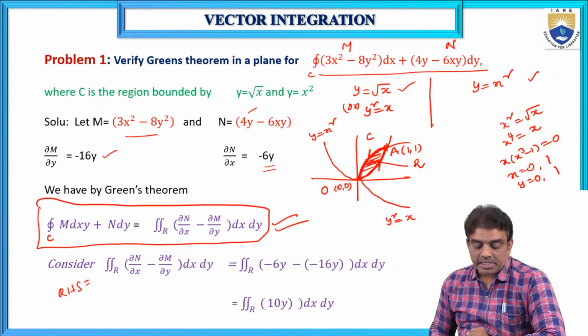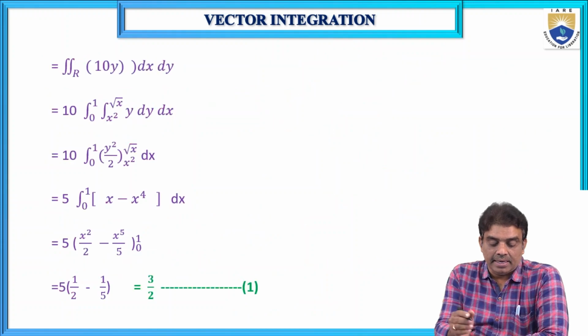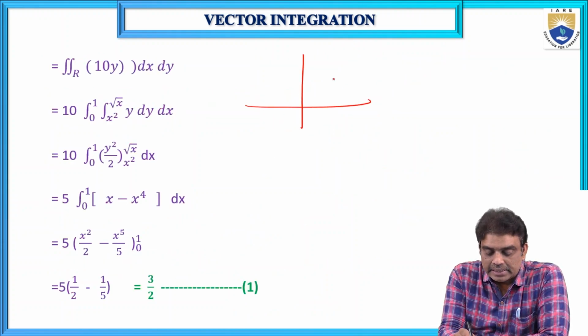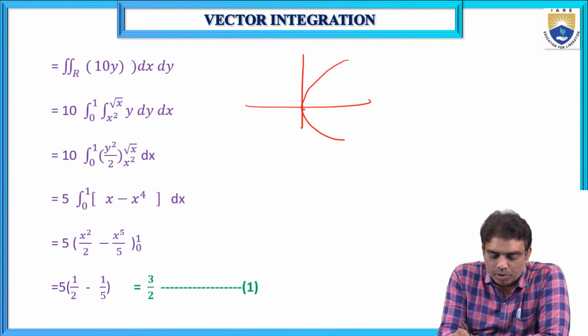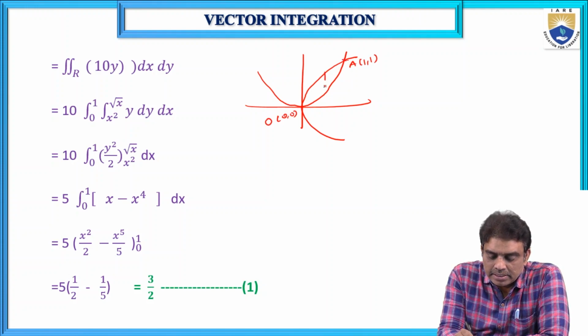Now to find the limits of the integration for this region, we consider a strip inside the region. One is a parabola, already I mentioned in the last slide. This is the region, this is 0, 0 and this is 1, 1, and this is the region of integration.